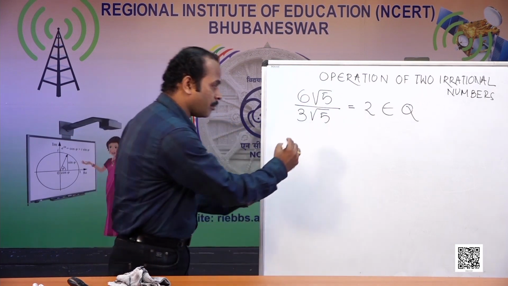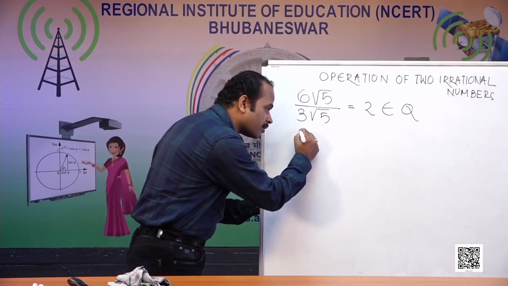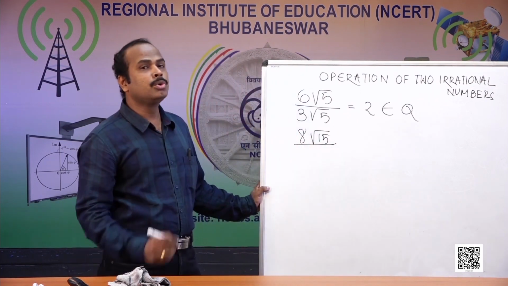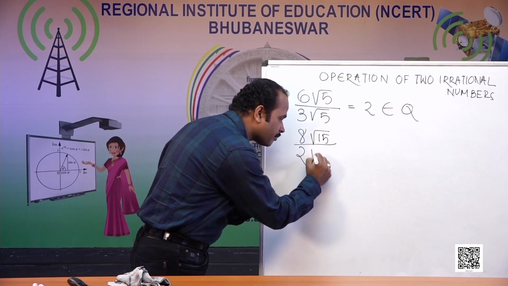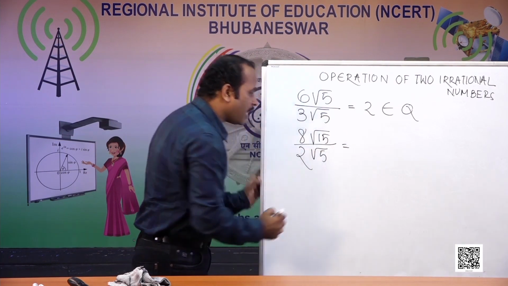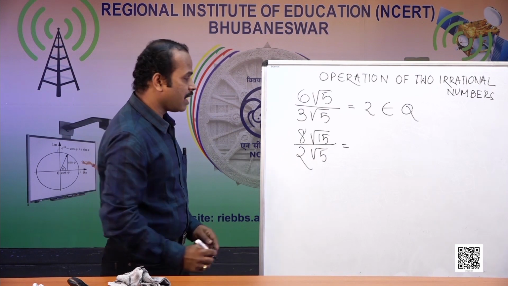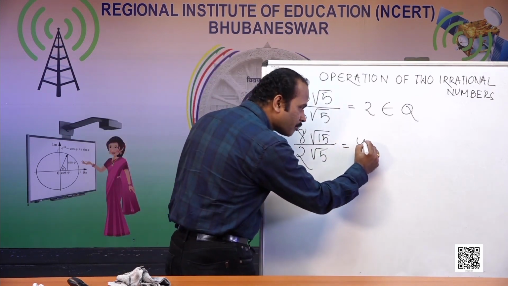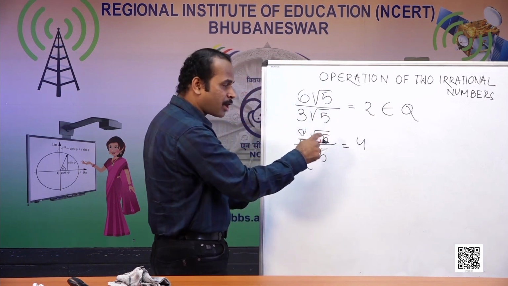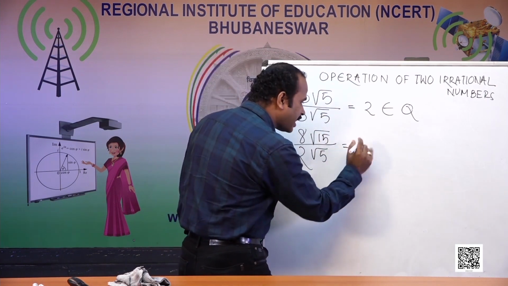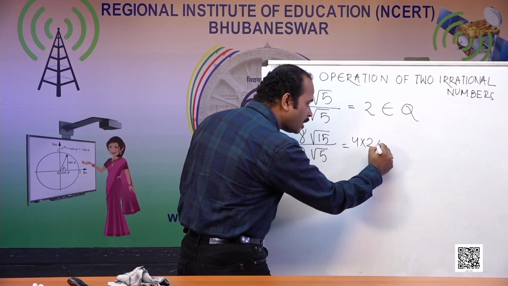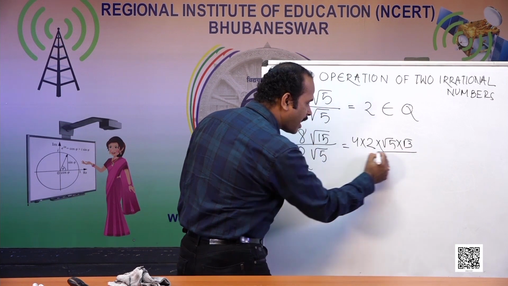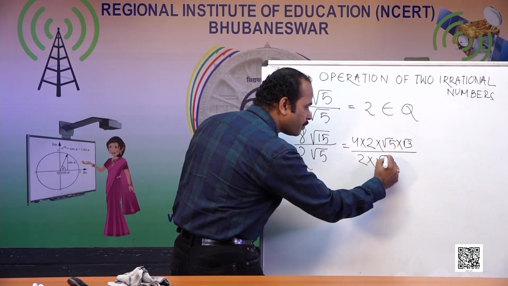Now let me find another number. Suppose I take 8 root 15, divided by 2 root 5. So 8 root 15 when divided by 2 root 5, what will happen here? 8 will be cancelled by 2. It will give 4. And root 15 is the product of root 5 and root 3, I can write it like this: 4 into 2 into root 5 into root 3 divided by 2 into root 5.